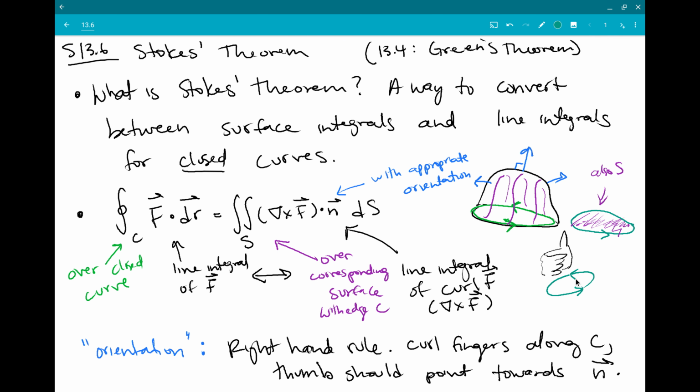That's why I decided these normal vectors had to be pointing up and out. If the normal vectors were pointing down, they would not be pointing in the same direction as the thumb. That's our right-hand rule. If you do it a few times, you'll get the hang of it. If it's hard to tell from these pictures, ask me during class and we can do a physical demonstration of the right-hand rule, not using this bad picture of a hand.